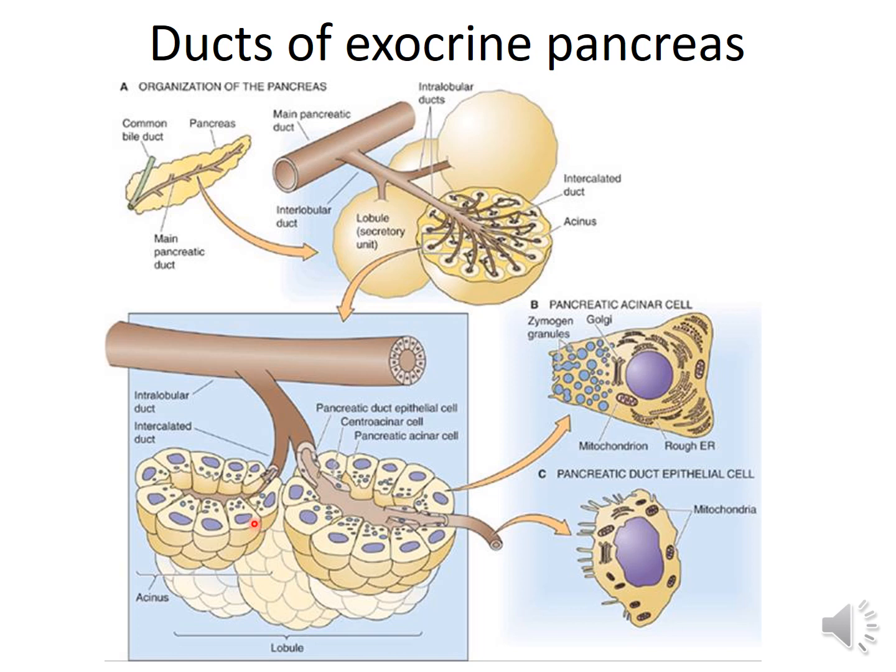Several intercalated ducts join each other to form larger intralobular ducts, which converge to form the interlobular ducts and then the main excretory duct. Both the intralobular and interlobular ducts are lined by simple low columnar epithelium. The interlobular ducts unite to form the main pancreatic duct, which is lined by stratified columnar epithelium.